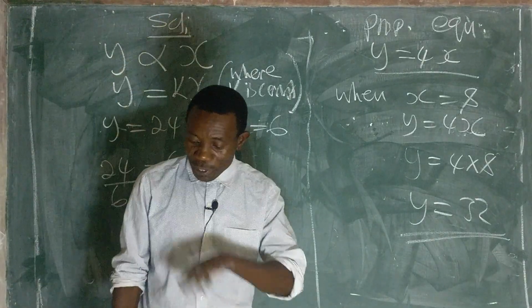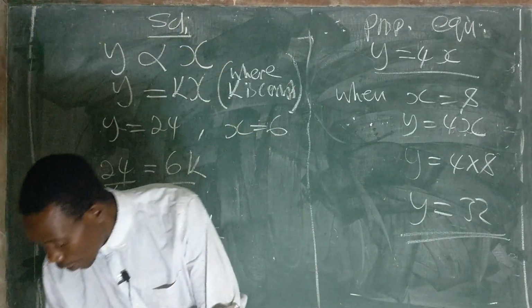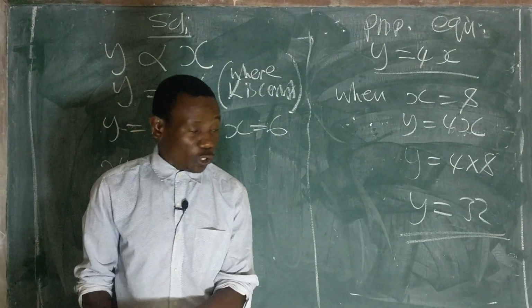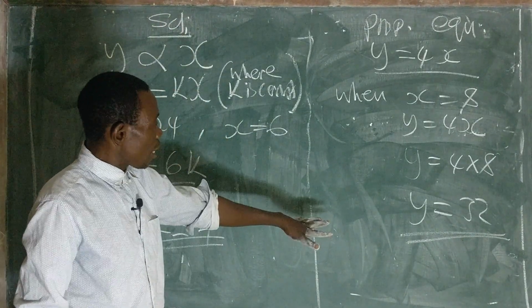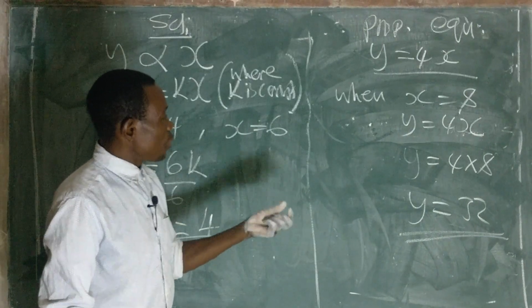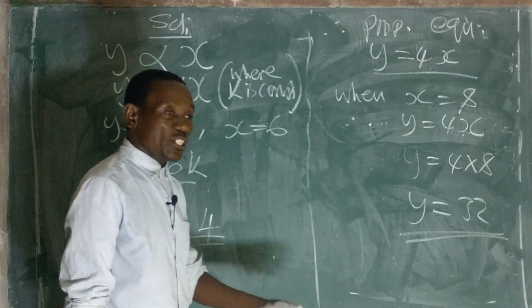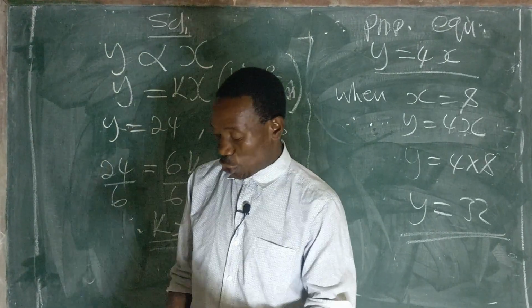Lastly, can we now have the applied problem, in a realistic life situation? So here we have known how to handle issues about direct variation. Let's now apply the knowledge to a real life situation.